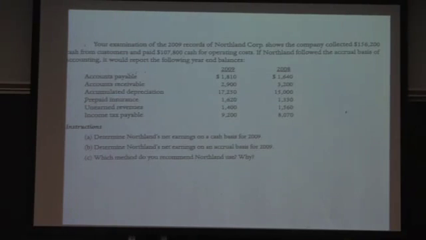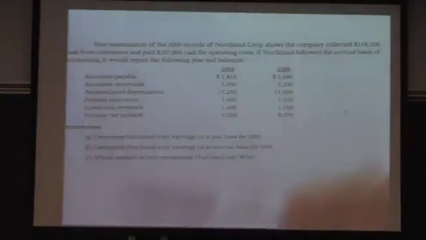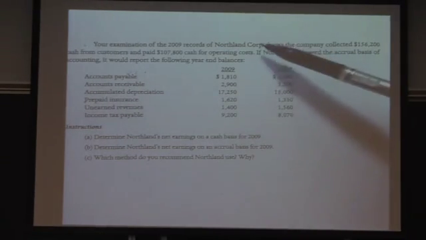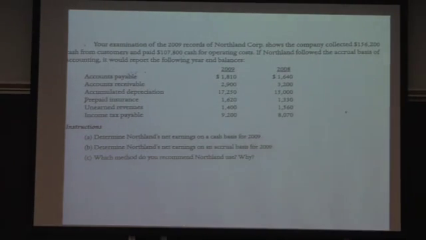So what we're given is year-over-year balances of certain assets and liabilities, and these look like current assets and current liabilities. And what we're asked is to determine what the net income is, assuming they use a cash basis of accounting for 2009. Part B says, what would our net income be if they use accrual basis of accounting?